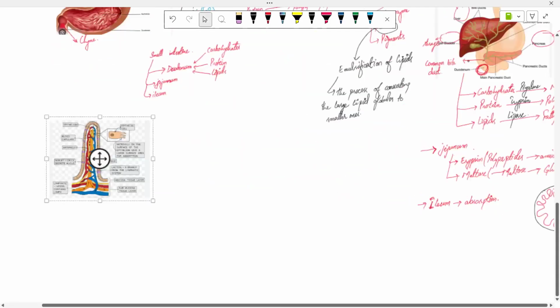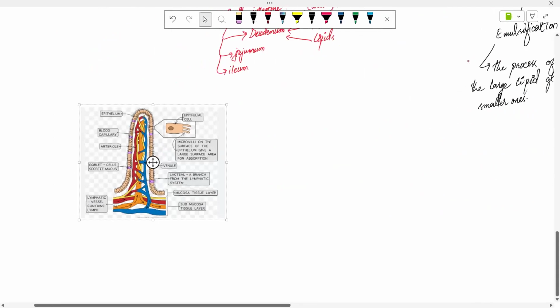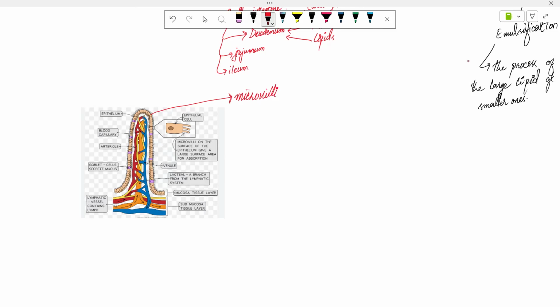Now look at this. The structure of the villi. In the epithelium of the villi, there are many microvilli to increase surface area more, and these are present for the purpose of absorption through the epithelial cells.